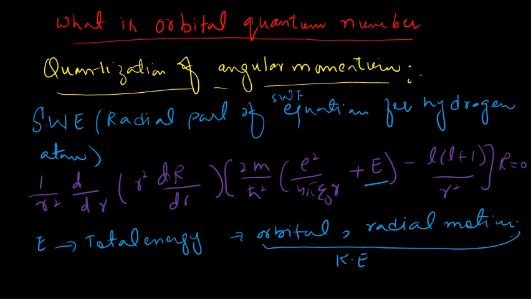So we can write the equation for the kinetic energy of the electron: kinetic energy due to the radial part plus kinetic energy due to the orbital motion of the electron.